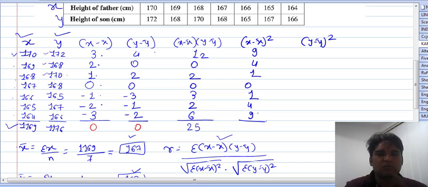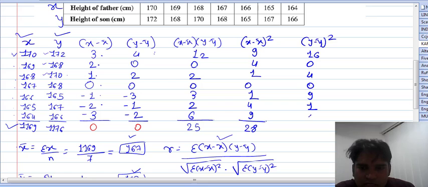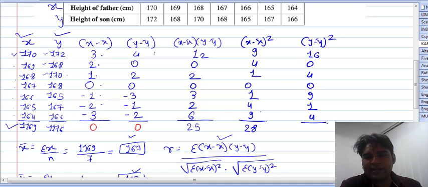So 9 plus 4 is 13, 14, 15, 19. So this would become 28. Now take the y minus y bar square. 4 का square 16, 0 का square 0, 2 का square 4, 0 का square 0, minus 3 का square plus 9, minus 1 का square plus 1, minus 2 का square 4. Now 16 plus 4 is 20, 29, 30, and this would become 34.